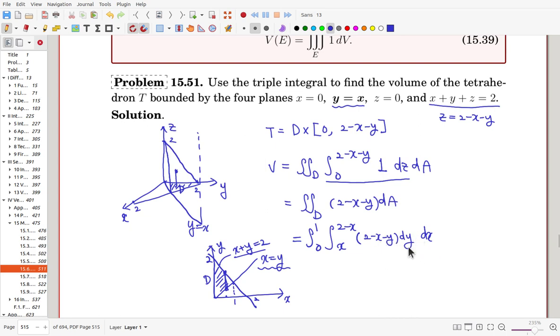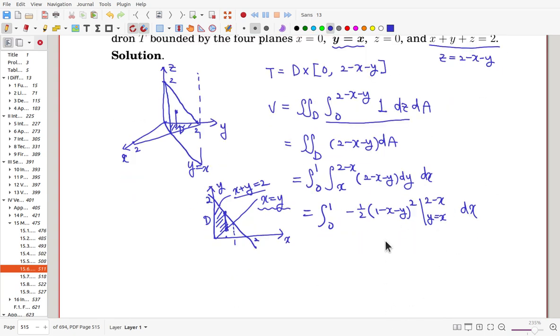Yeah, we get it. Now, from 0 to 1, in the y direction, let's try to finish this one. That antiderivative must be, okay, I write down this one, minus half of (2 minus x minus y) squared, and we have here y from x to 2 minus x, right? If you try to differentiate, then you'll get that one.